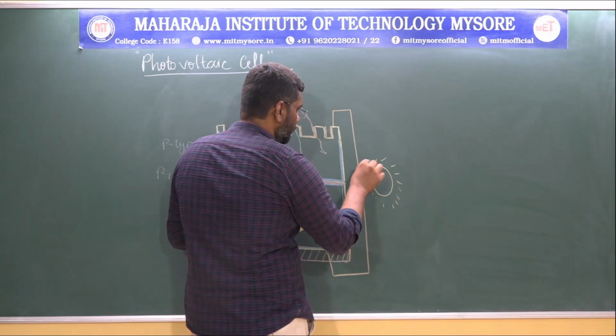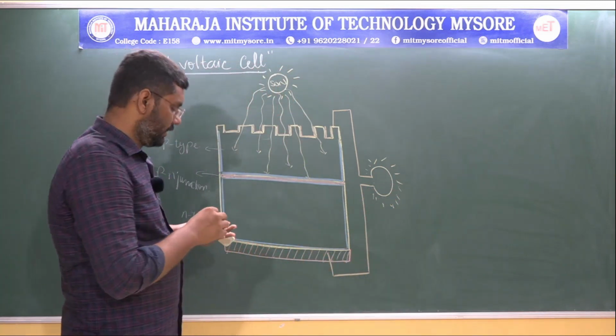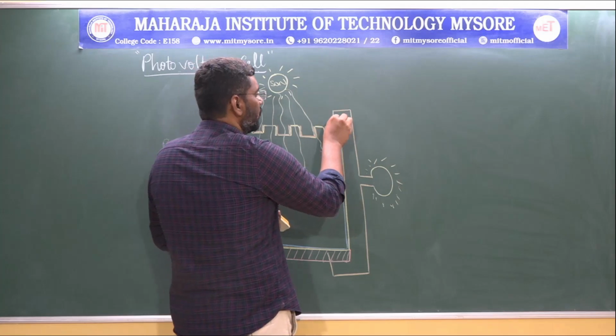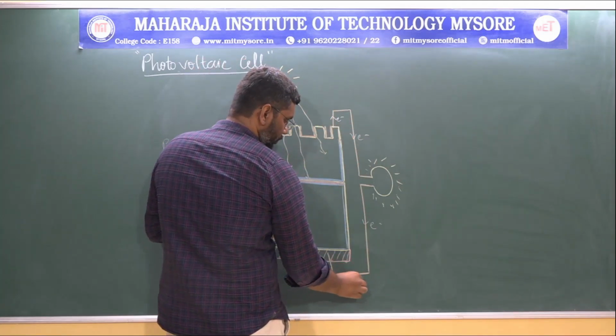And this is the bulb which has been fitted, which lights up, or produces light, when electrons are flowing through the outer circuit.